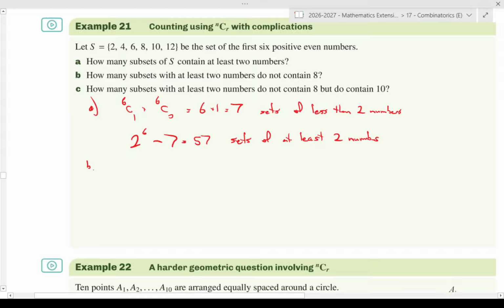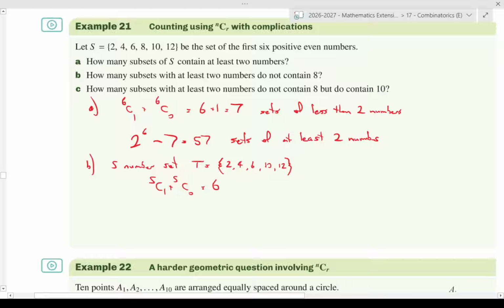All right. Question B: how many subsets with at least 2 numbers do not contain 8? So there is now a 5 number set T, which is basically 2, 4, 6, 10, 12. So we're using that as our set now. We do pretty much exactly the same, but we've got 5C1 and 5C0 this time, which is going to equal 5 plus 1, which will equal 6.